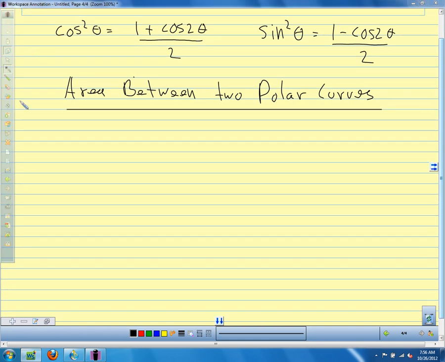So if we have two graphs, and here are axes, and this is pi over 2, and this is 0. So we have two graphs here, and we'll call this R2, which is a function of theta, and R1, which is a function of theta.